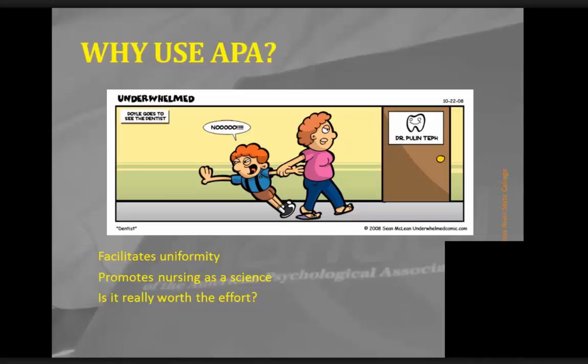When a paper is in APA format, there are certain expectations that are met, and if you consistently use that same format, it makes the flow when you're reading, especially going from one paper to another, much easier. It facilitates uniformity, in other words.